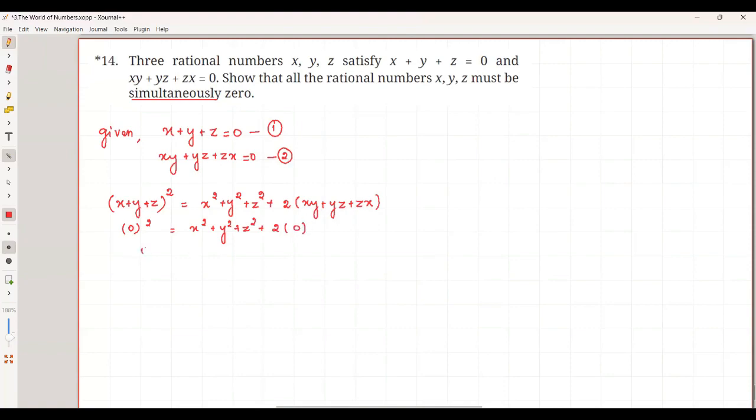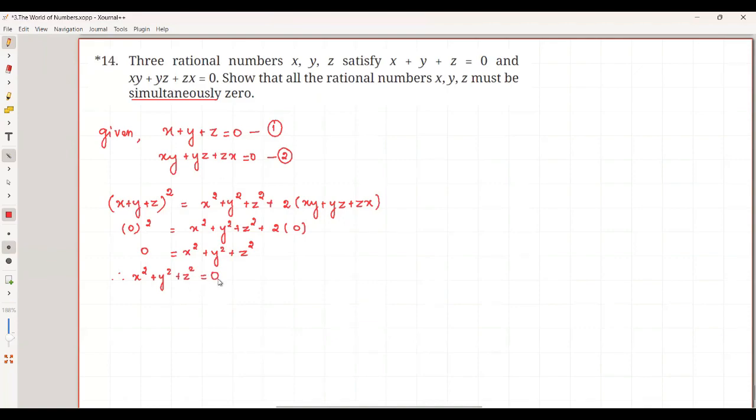Now 0 square is 0, equal to x square plus y square plus z square plus 2 into 0, which is also 0. Therefore, x square plus y square plus z square is equal to 0.